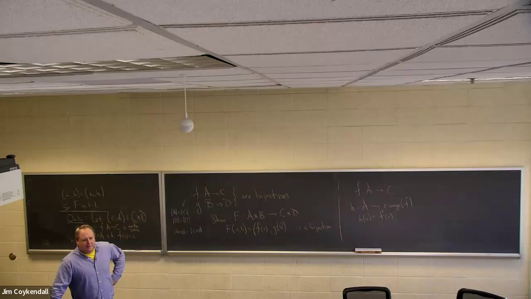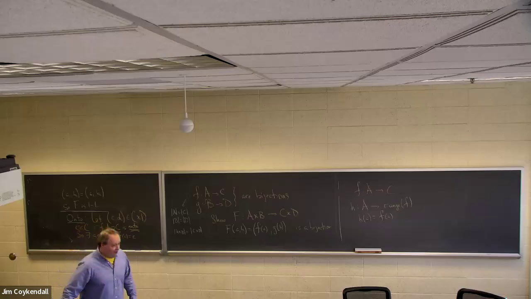Other questions? In general, if two sets are disjoint, why is it that you subtract the intersection, the order of the intersection of A and B? Why do you subtract those things?